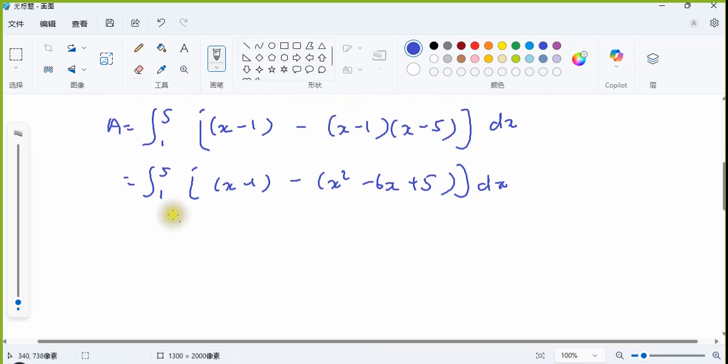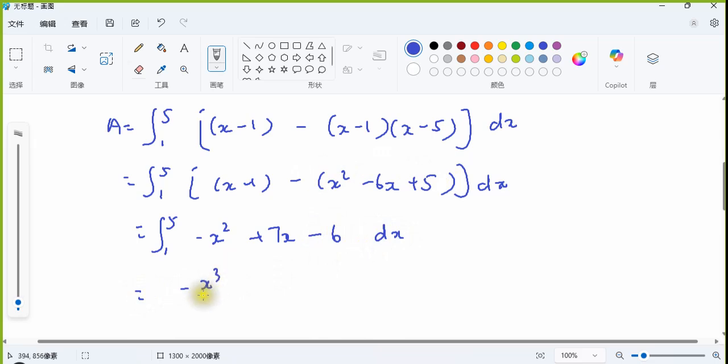And this will be the integration of negative x squared plus 7x minus 1 minus 5 is minus 6 dx.